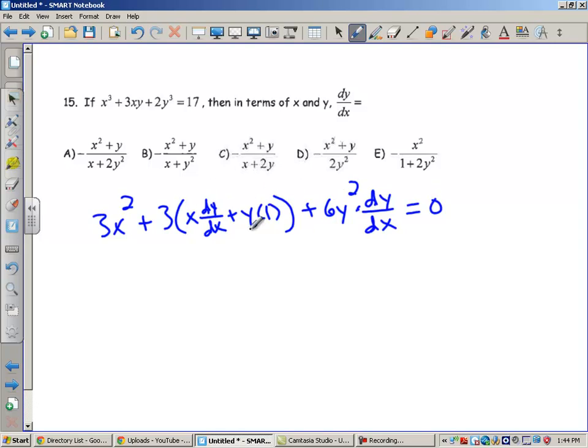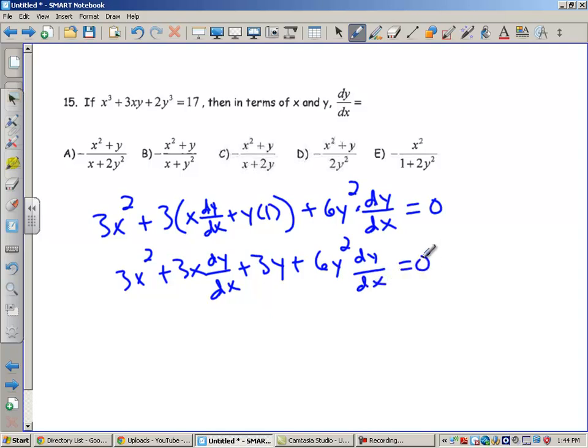And so again, I'm going to get everything that doesn't have dy/dx on one side and everything that does have a dy/dx term on the other side. So here we go. I'm going to distribute that 3 first. So I'll have 3x squared plus 3x dy/dx plus 3y plus 6y squared dy/dx equals 0.